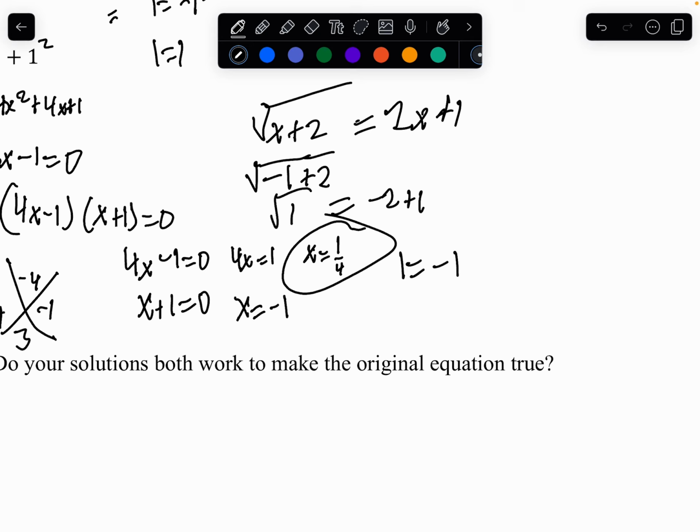So our answer must be the other one. The square root of 1/4 plus 2 must equal 2 times 1/4 plus 1. I'm not going to type that in my calculator, but they must equal, because we cannot have 1 equals negative 1. That would not work.